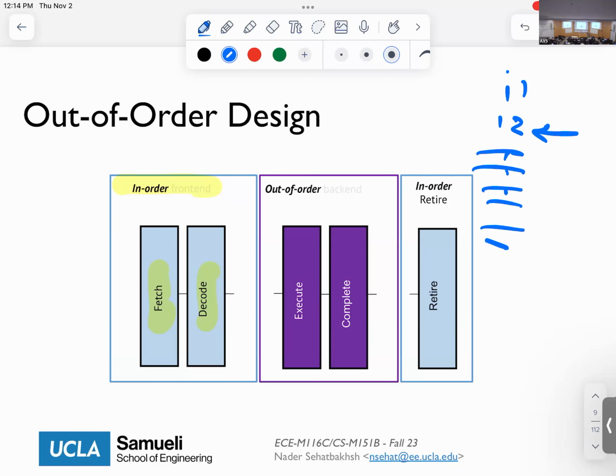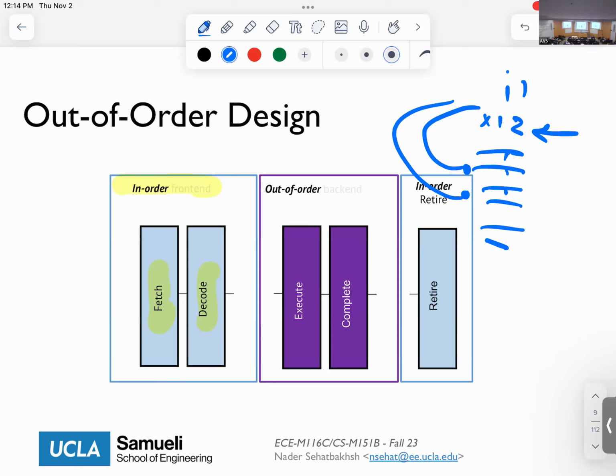But out of order relaxes this assumption and says that if there are instructions that are independent from this instruction, I can let them go inside my pipeline. The advantage of this is that you don't need to be worried about all those RAW data hazards and so on. So you can always feed your very hungry pipeline that can run multiple instructions, like 4 instructions at the same time, with this idea.